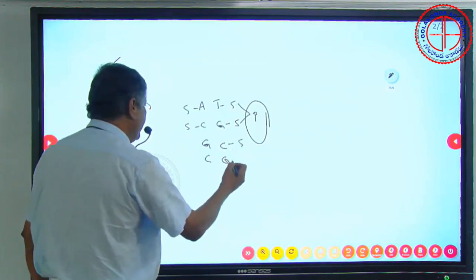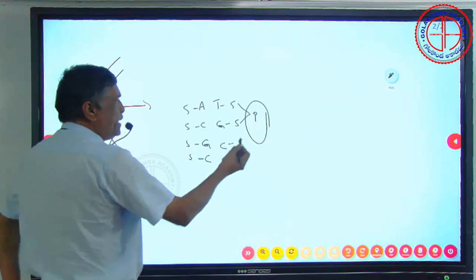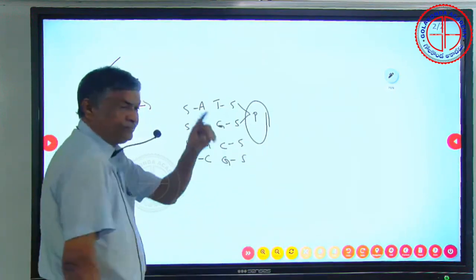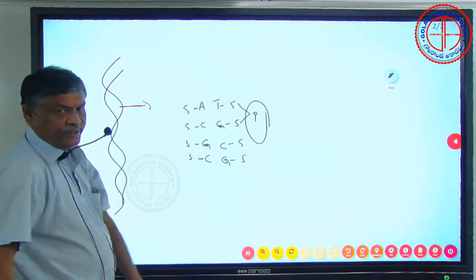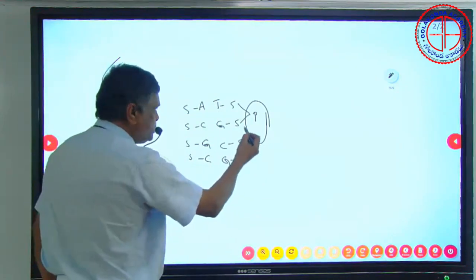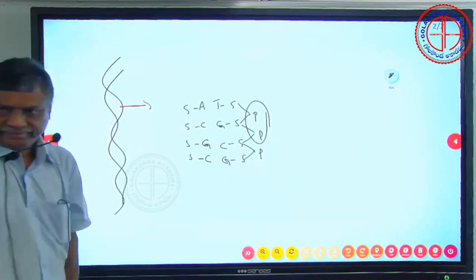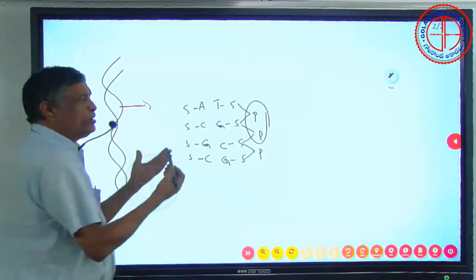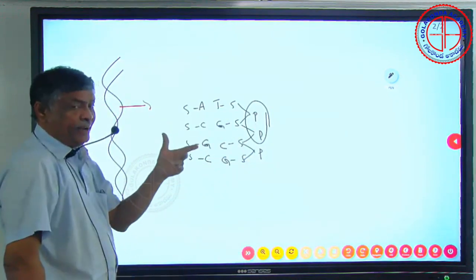If you take any number of pairs, what is the concern here? The number of phosphates is low compared with the number of sugars and nitrogen bases. How many nitrogen bases? 4. Here also 4 sugars, but phosphates are 3. So if you simply remove the phosphate group from the DNA, what happens?